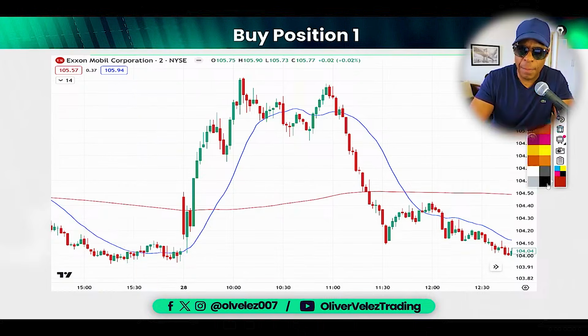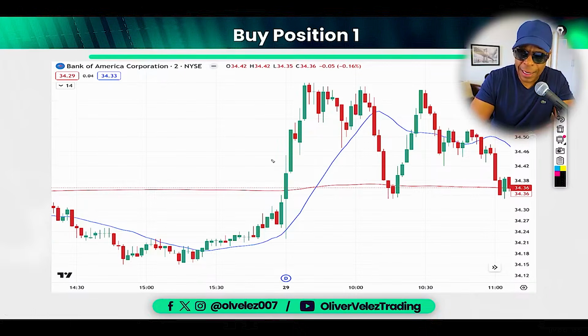Here is a buy in position 1. Okay, here's a color change buy in position 2. That's fine. Okay, now let's go here. Here is my state. There's my 200, there's my 20.